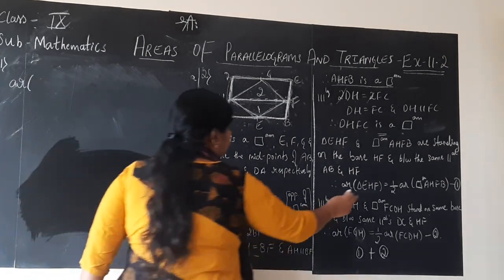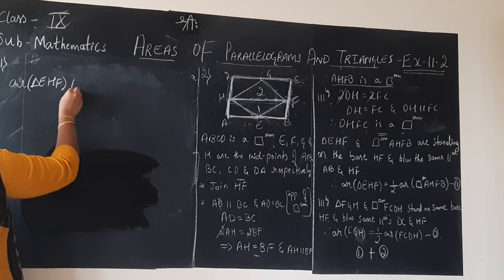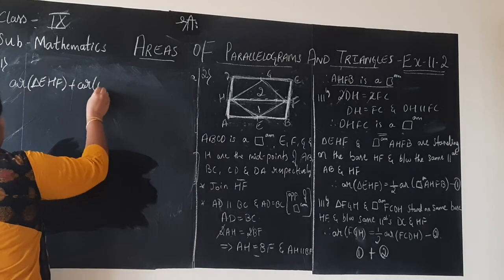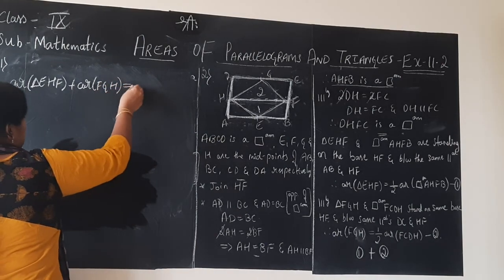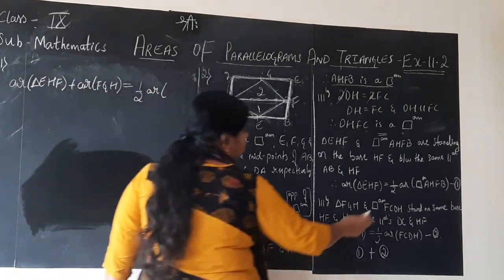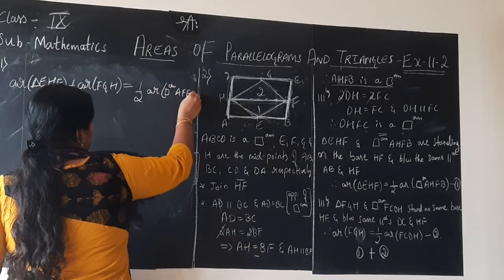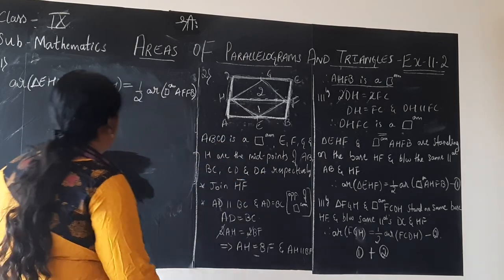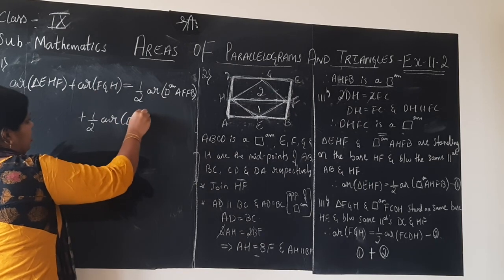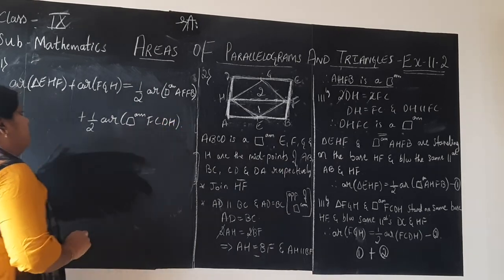We have area of triangle EHF, plus area of triangle FGH, which is the LHS of the second equation, is equal to the RHS of equation 1: half of area of parallelogram AHFB, plus half of area of parallelogram FCDH, the RHS of equation 2.